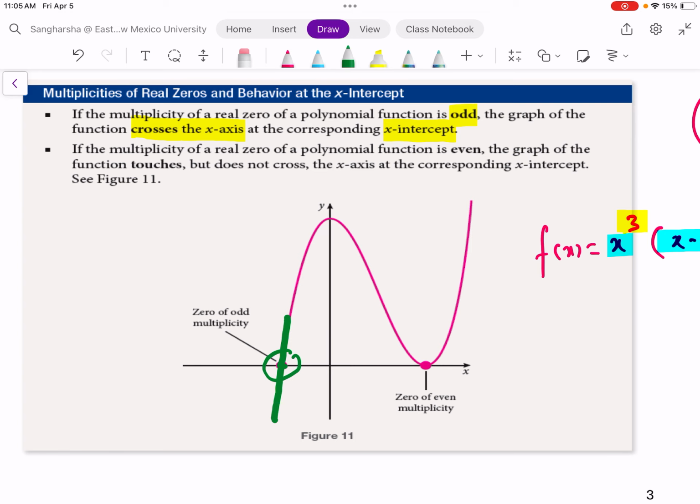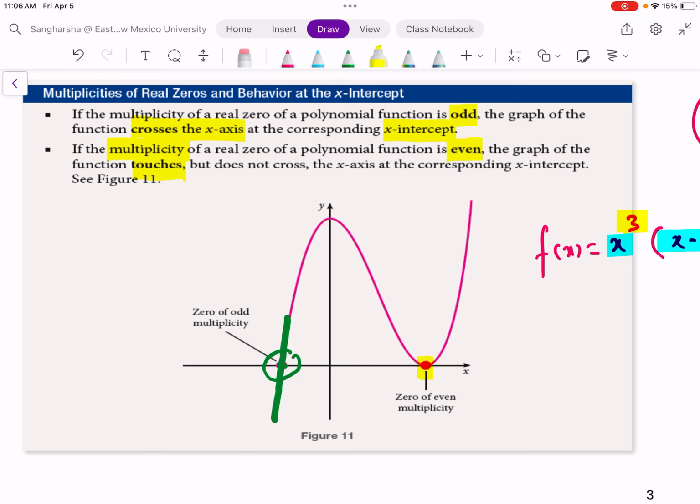Next, if the multiplicity is even, then the graph touches the x-axis, like here. A graph touching the x-axis means the multiplicity at this point is even. So if the multiplicity is odd, the graph always crosses the x-axis; if it is even, the graph just touches the x-axis.